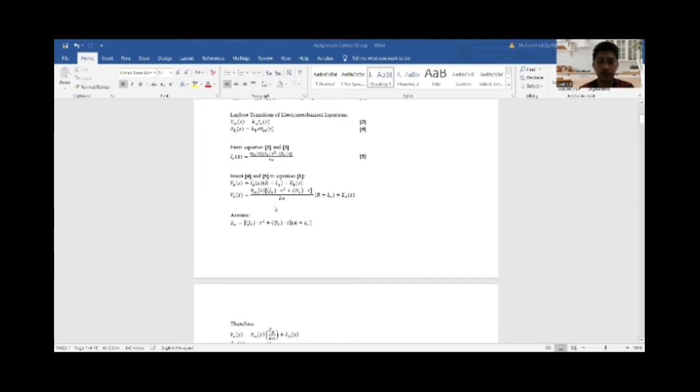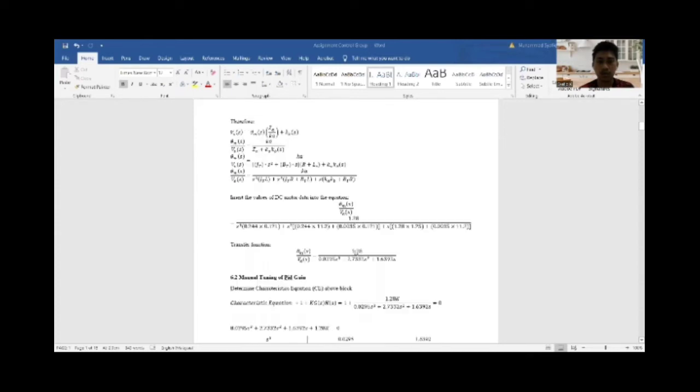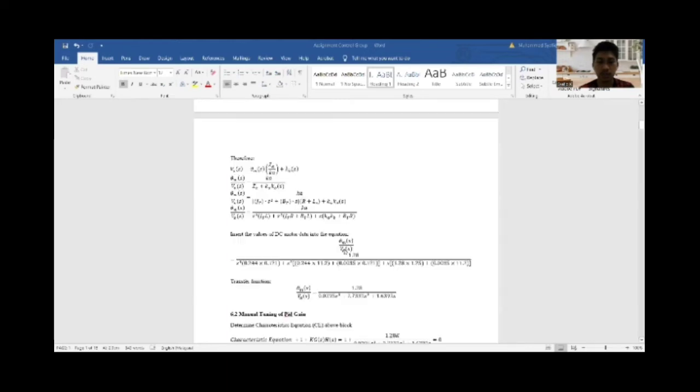After that, we get the transfer function: 1.2 over 0.0295 s^3 + 2.732 s^2 + 1.6392 s. And here is the manual tuning of PID gain.